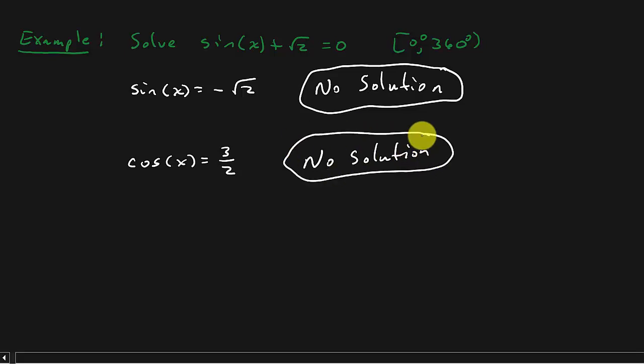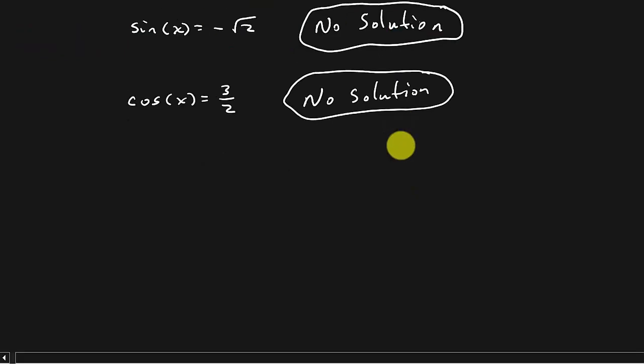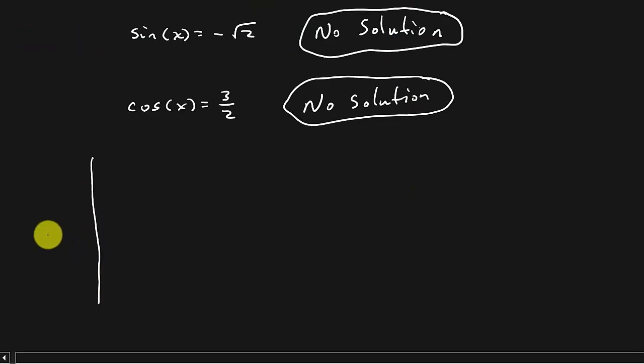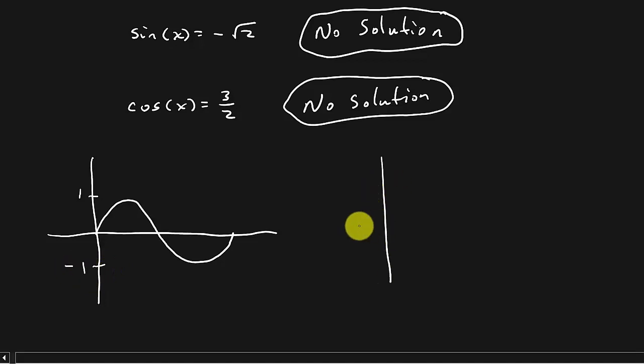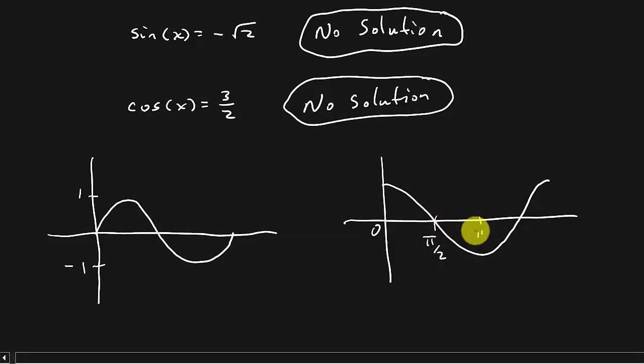All right. Now let's explain. I'm going to explain it with graphs. There's sine function. And then let's just sketch cosine function. We're just sketching it real rough so we can see it.